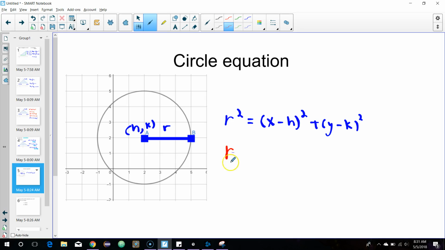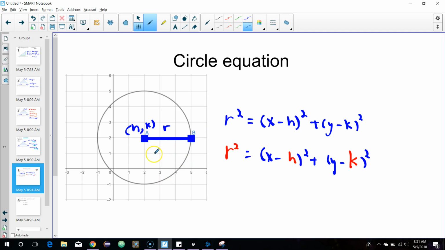So r squared is going to change, h is going to change, k is going to change. The rest of them just stay there. x minus h squared, y minus k squared. The three in red will change to a number, and so you end up with an equation.